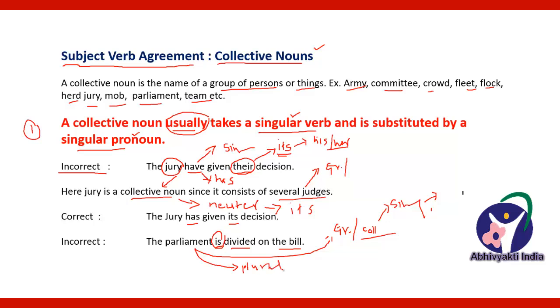And since in this case it is a plural, it will take a plural verb, that is are: the parliament are divided on the bill, or if you are talking in the past, the parliament were divided on the bill. And therefore the correct statement will be: the parliament are divided on the bill.